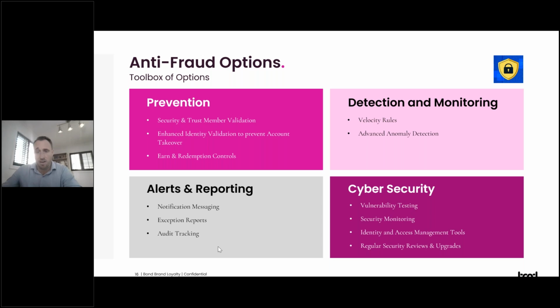Some of these can be applied at different levels, and we generally group them together in 4 different buckets. So for our prevention bucket at the top left, we're looking at things like registration and login controls. This would include MFA, and where are we asking the customer to go through an MFA process, as well as using third-party tools. As well, this bucket would include things like thresholds. We talked about this for gift cards.